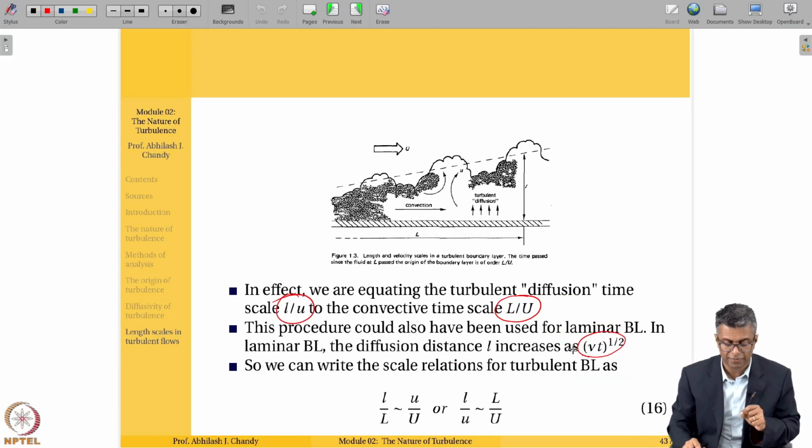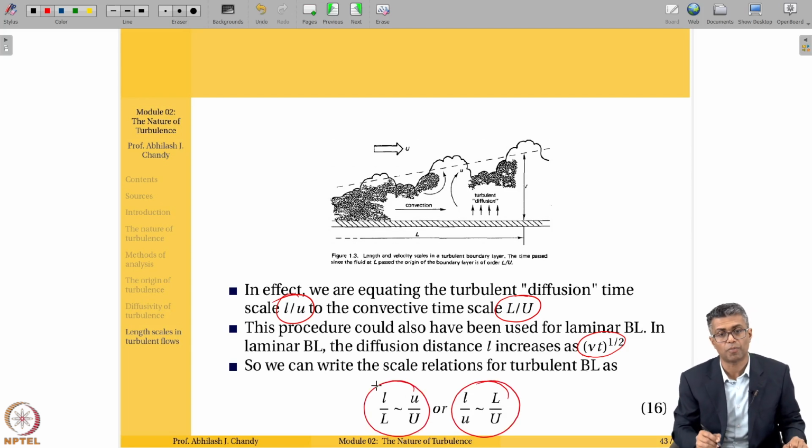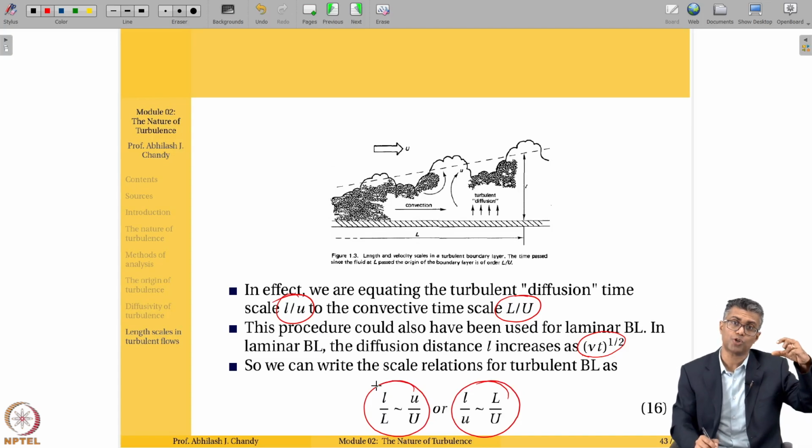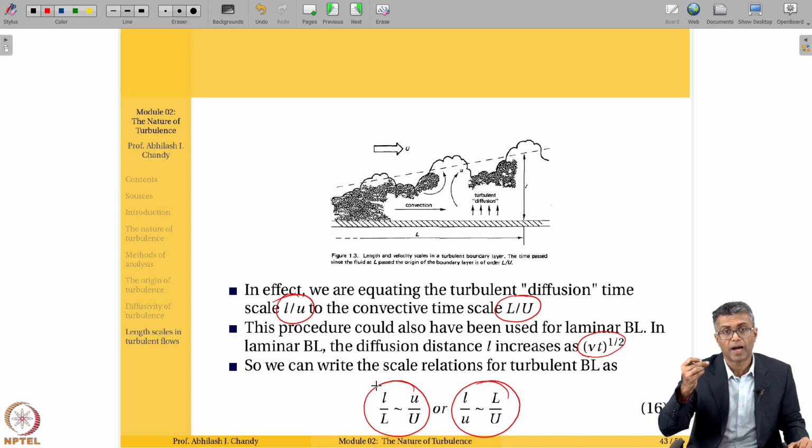Now, once we have that, we can write l over u as being of the same order of magnitude as capital L over capital U, or l over L is of the same order of magnitude as u over U. So the ratio of the length scales, the diffusive to the convective length scale, is similar to the ratio of the velocity scales, the RMS velocity to the large scale velocity.